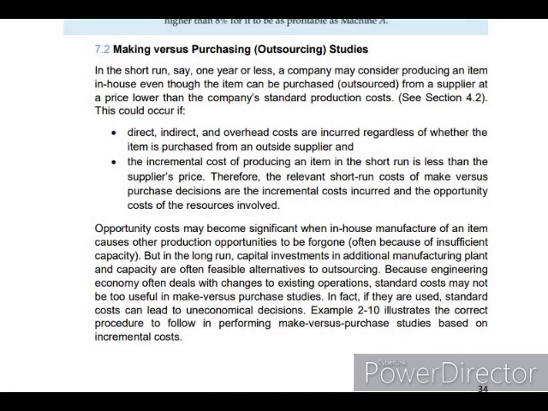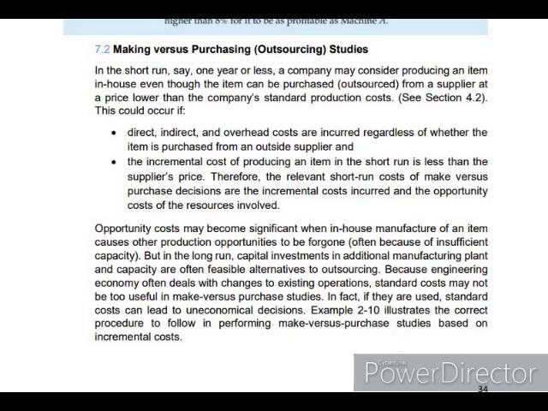7.2, making versus purchasing or outsourcing studies. In the short run, say 1 year or less, a company may consider producing an item in-house even though the item can be purchased or outsourced from a supplier at a lower price than the company's standard production cost.